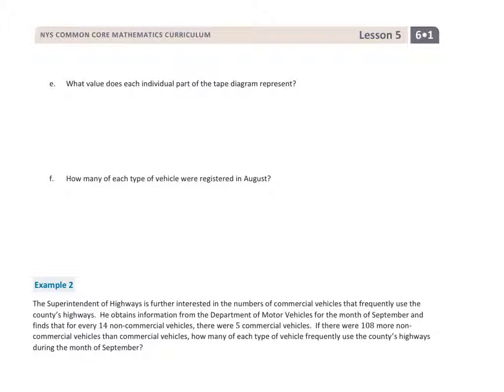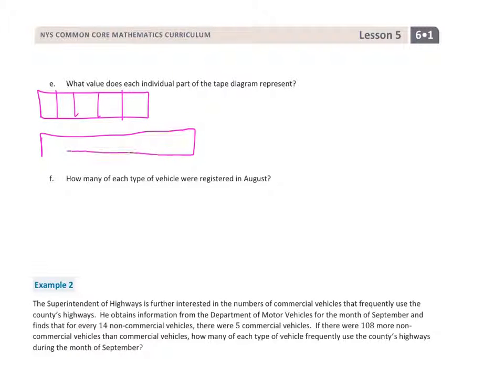So to figure out what each chunk of our tape diagram represents, let's draw it again because it's all the way back on the other page. 1, 2, 3, 4, and 5. And 1, 2, 3, 4, 5, 6, and 7. And all of this, the whole thing, equals 192.